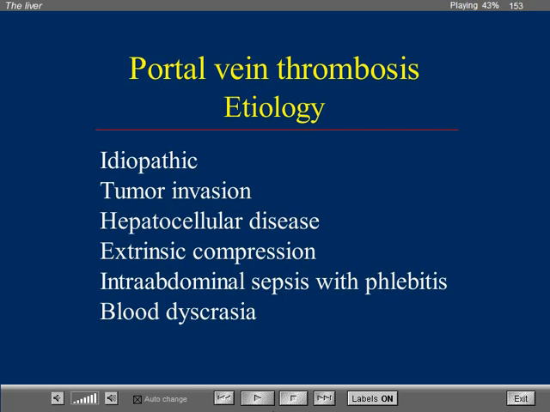Usually it's thrombosis, which can be idiopathic or secondary to tumor invasion of the portal vein, like, for example, pancreatic carcinoma, hepatocellular disease, extrinsic pressures on the portal vein, intra-abdominal sepsis with phlebitis, or blood dyscrasias. In infants, omphalitis and umbilical vein catheterization procedures can become complicated with portal vein thrombosis.